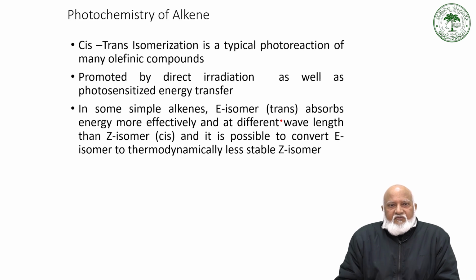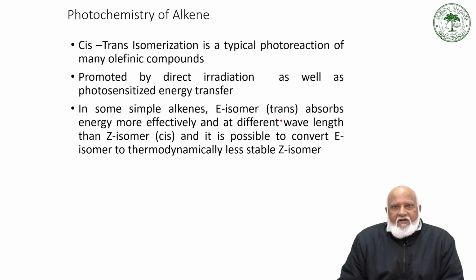As far as the photochemistry of alkene is concerned, cis-trans isomerization is a typical photoreaction of many olefinic compounds. They are promoted by direct photolysis as well as indirect photolysis, as I mentioned in the previous lecture, which we can do by sensitized photolysis as well, means by using a sensitizer.